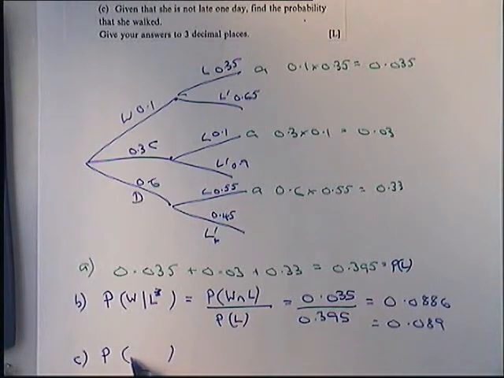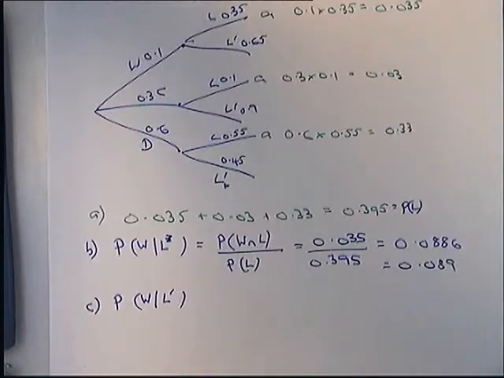Probability bracket. What's the given bit? Given what, Leon? Not late. Okay, and where does that given bit go? Before or after? After. Yes. So not late will be that. And what is the probability they're asking for then? Walked. Okay. That's the probability we want.